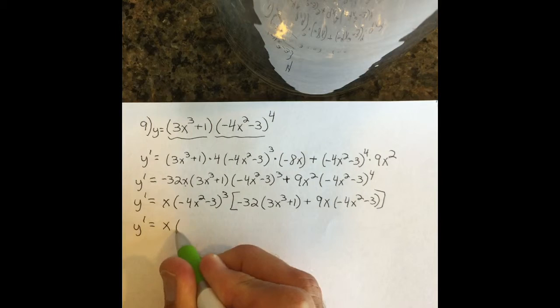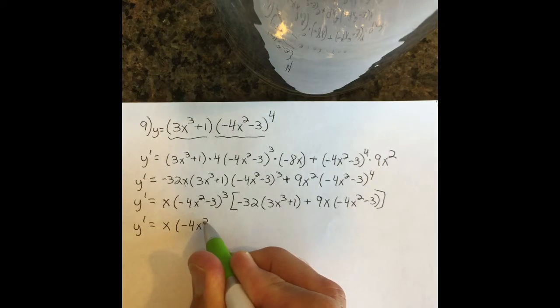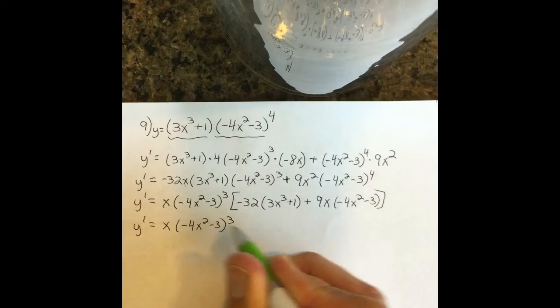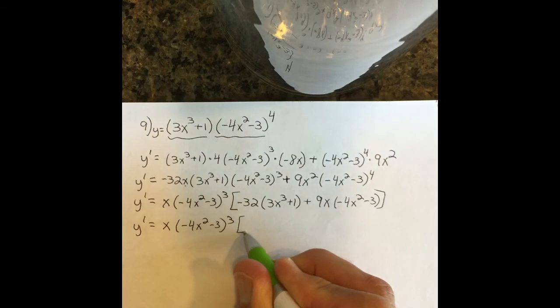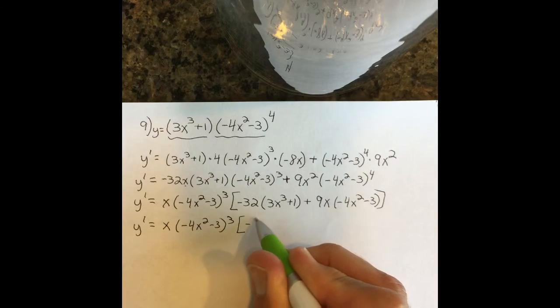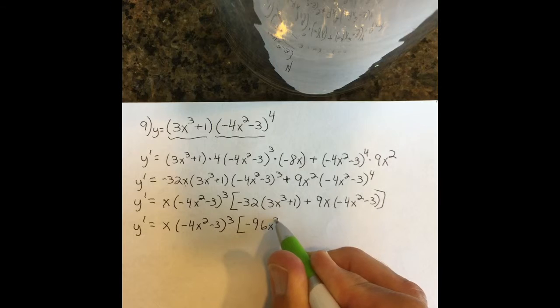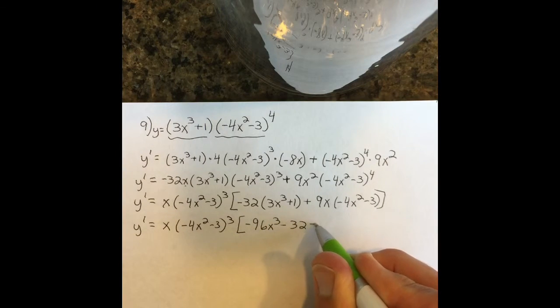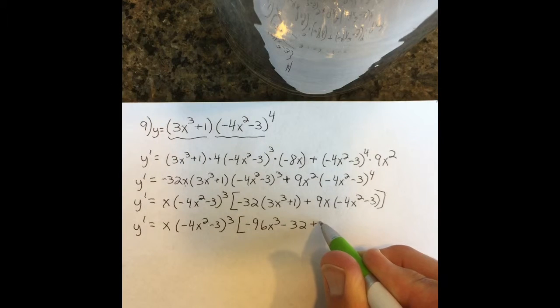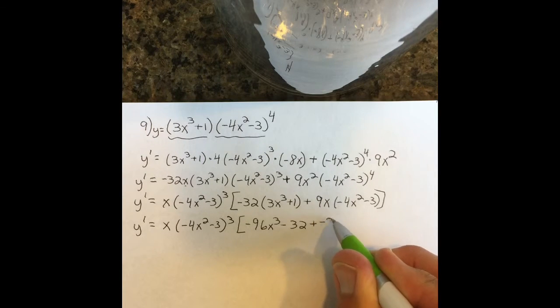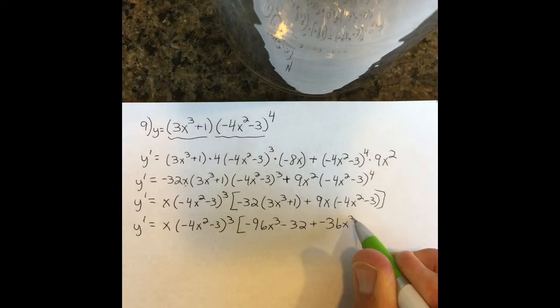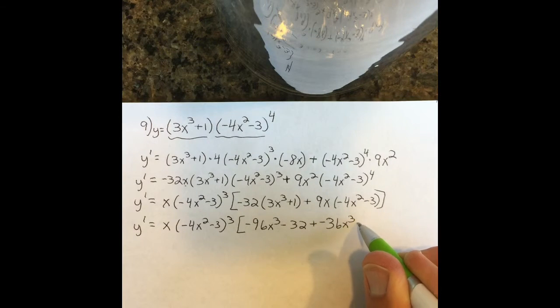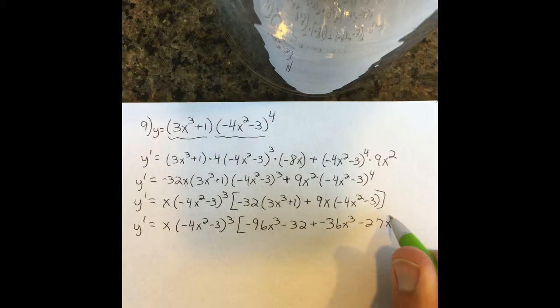We have x, we have negative 4x squared minus 3 to the third power. And then if I multiply all this together, negative 32 times 3 is going to be negative 96x cubed, minus 32, and then plus 9x times a negative 4x squared is negative 36x cubed, and then 9x times minus 3 is going to be minus 27x.